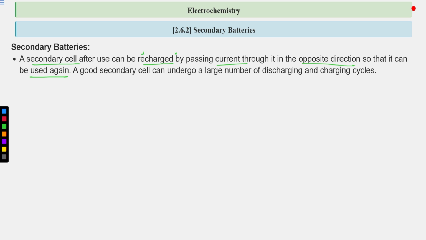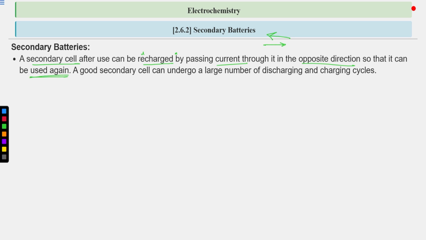We have to recharge it, by passing the current through it in the opposite direction. The current should pass opposite to the direction of the electron movement, so that the battery recharges and can be used again.